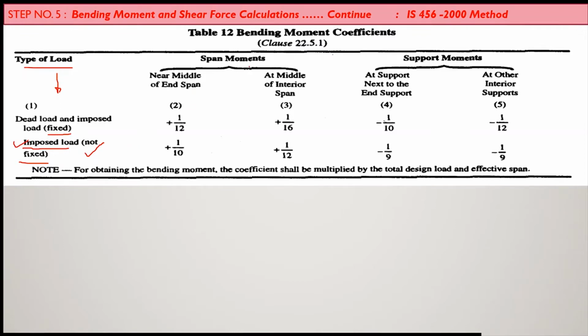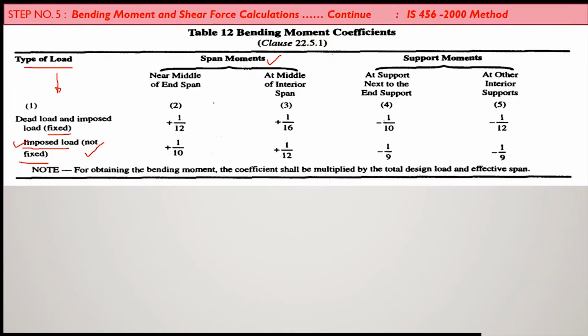Now in the second column, span movements are given. There are different spans. Suppose a continuous beam is of 3 span or 4 span. First of all there will be end spans.